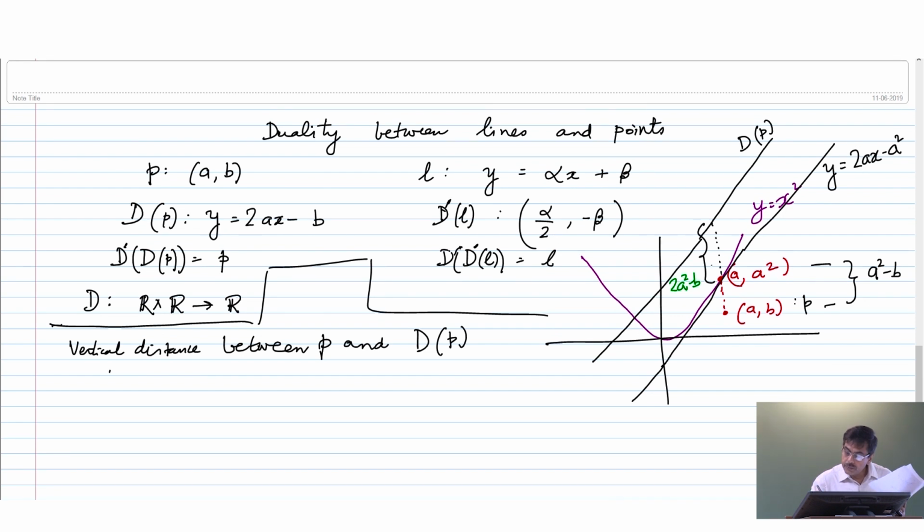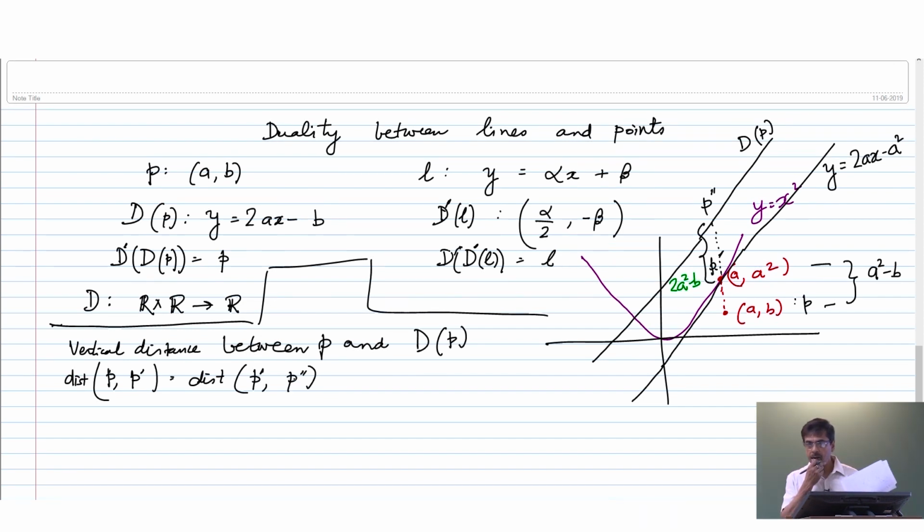Let me call this P prime, okay. It is getting cluttered. So, let me call this P prime and this is called P double prime, okay. So, what I am saying is essentially that the distance between P and P prime is the same as the distance between P prime and P double prime. That is what I have proved, right. So, it is a reflection around the parabola.